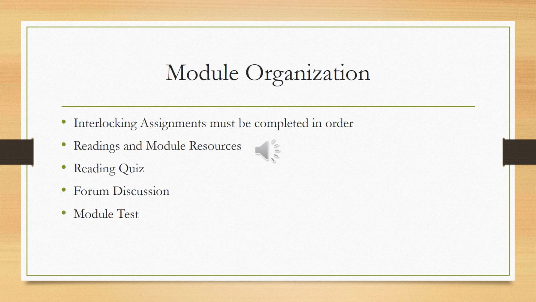You will be required to respond to the forum prompt and then to respond to 2 other students' posts. Once you have completed that, you will unlock the module test.